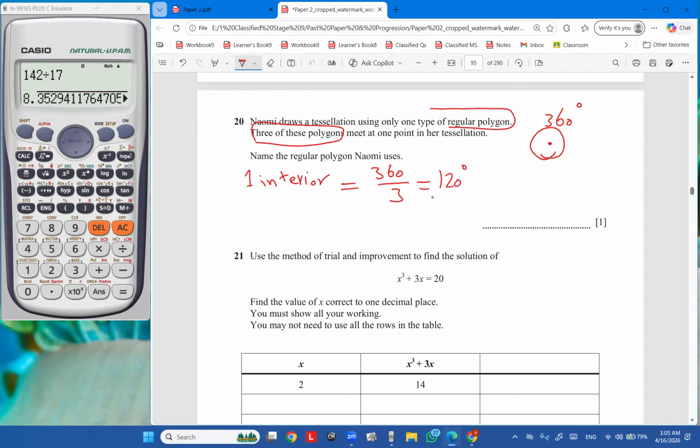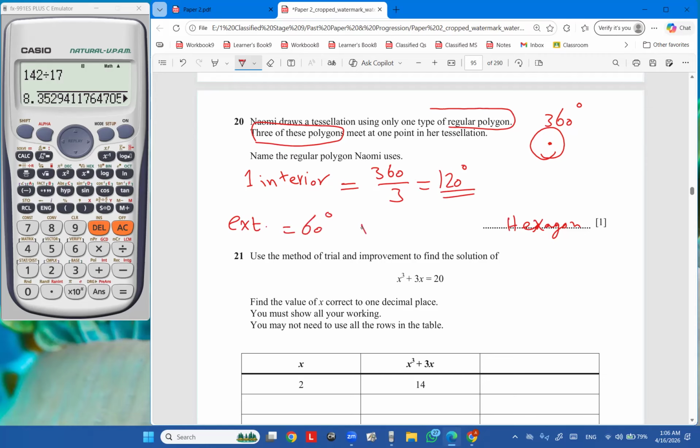Well, you should know it, that it is a hexagon, because you went through this number so many times. You should know that the hexagon is the shape that has an interior angle of 120 degrees. But if you don't know it, I know that the interior is 120, so the exterior is 60 degrees. What is that shape?